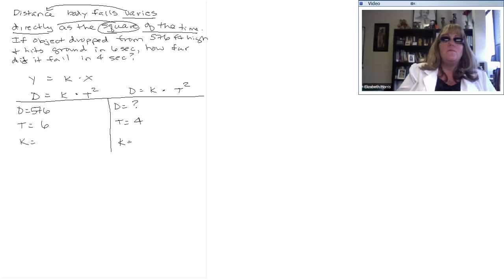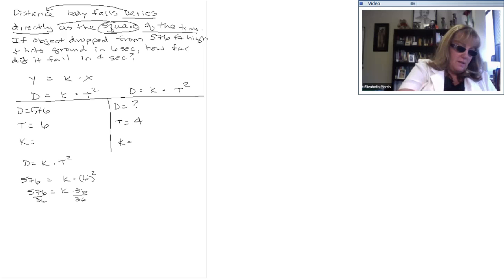All right, we can find our k by using distance equals k times time squared. So distance 576 equals k times 6 squared. So 576 equals k times 36. Divide by 36, and you get k equals 16.